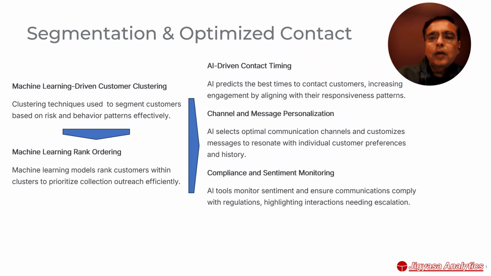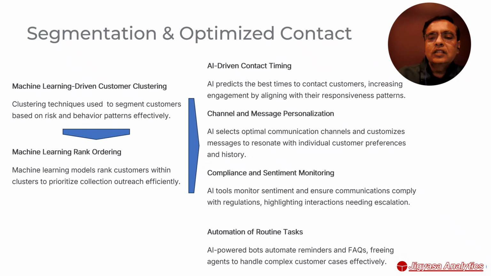And apart from these, there are always efficiencies you can achieve using AI bots. Not the focus of our discussion, but in an efficient system, if you're designing it, those would be there as well.